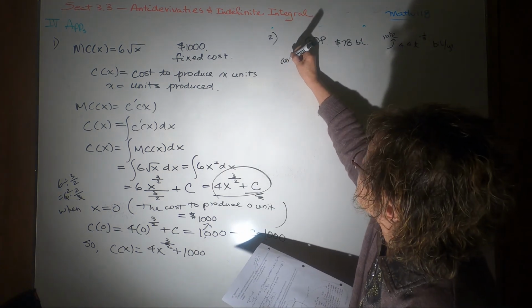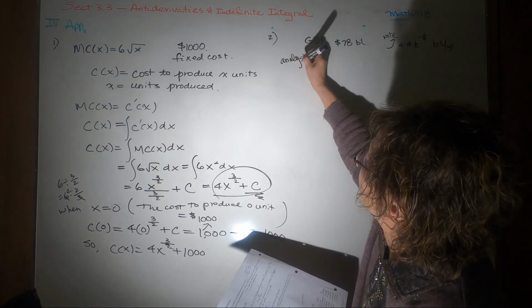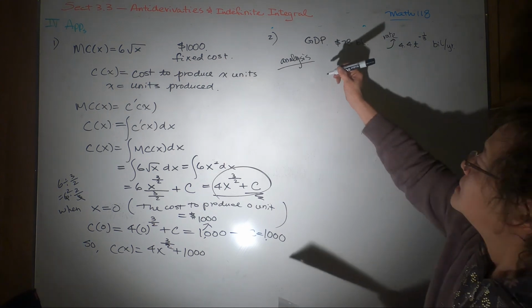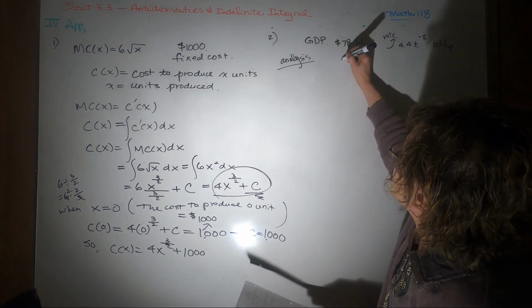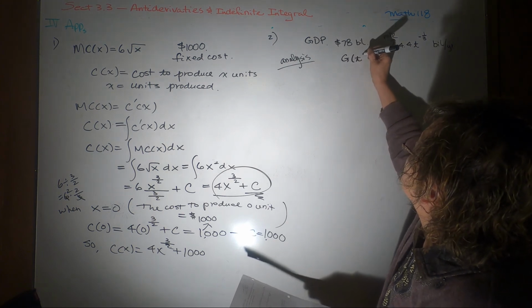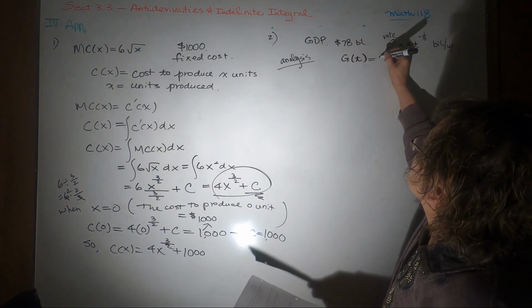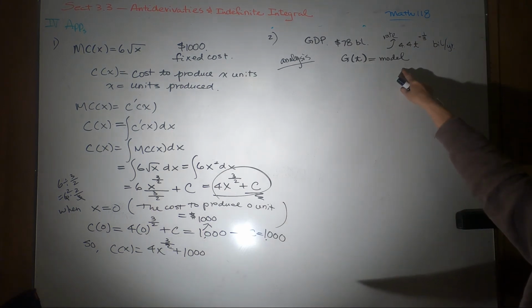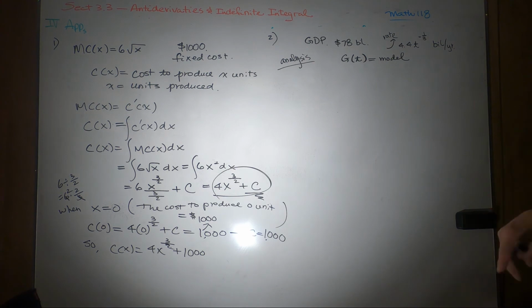Okay? So let's do some analysis, try to figure out what kind of things we are talking about. So if your GDP, say that's your GDP according to the year, so that's your model, right? If you have this function, you can just plug in T is 1, 2, 3, 4, and on to find the GDP.